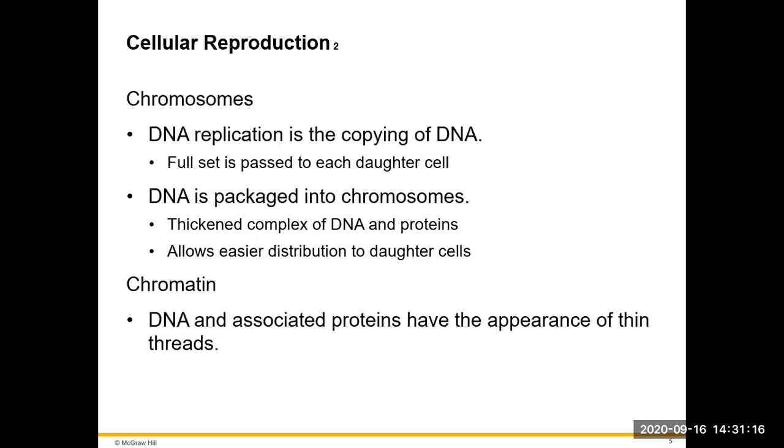DNA is packaged into chromosomes, which are complexes of DNA and proteins, which allows easier distribution to daughter cells. As we said in our earlier Zoom recording, first we have the amino acids which form the codons, and those codons come together and form genes, and the genes form chromosomes, and the whole of chromosomes are called DNA.